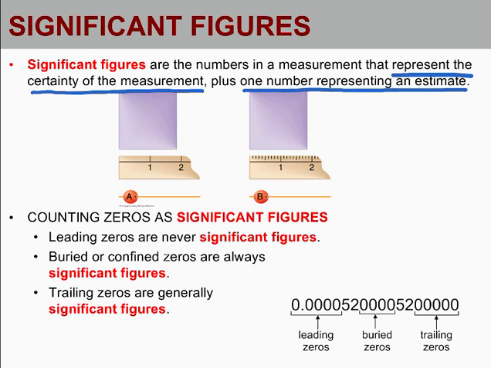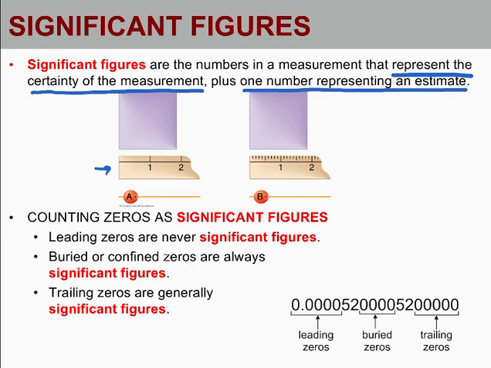So we have a couple of examples here. We've got a ruler that we're using to measure the square up above. So let's try to measure that square. Now, this first ruler is not the best. We only have a couple of markings there. So we'll do our best, but we know for sure that that square is greater than 1.